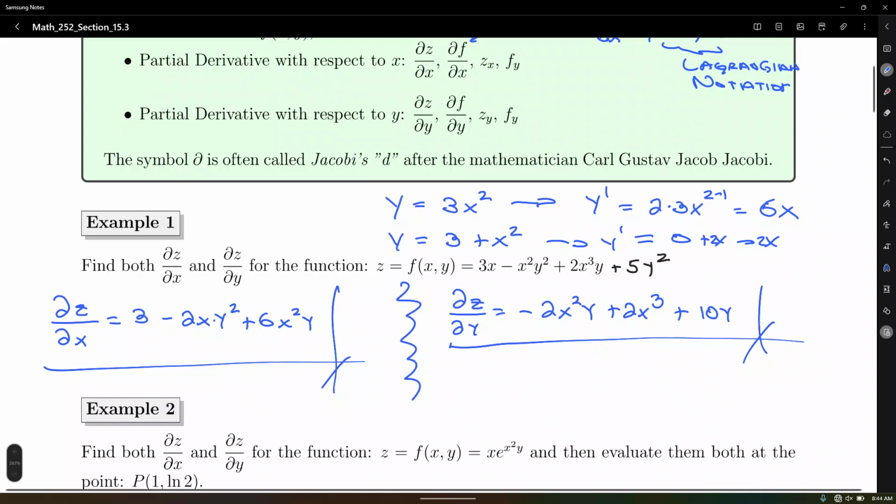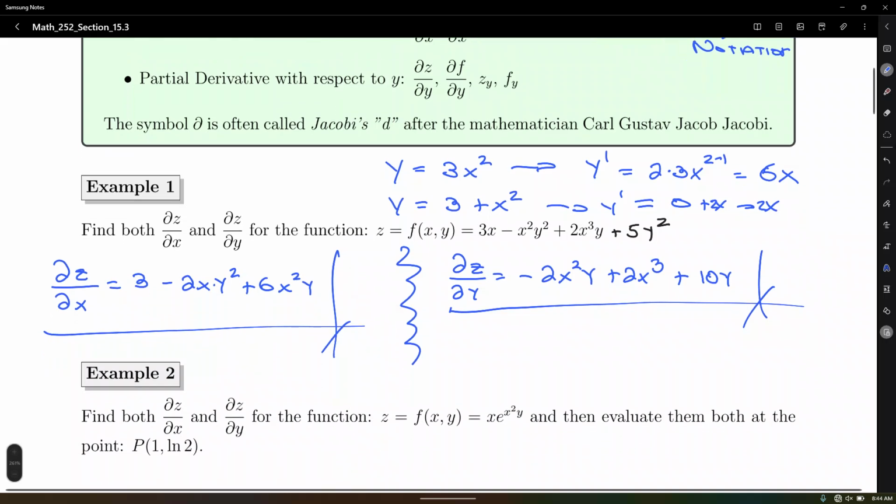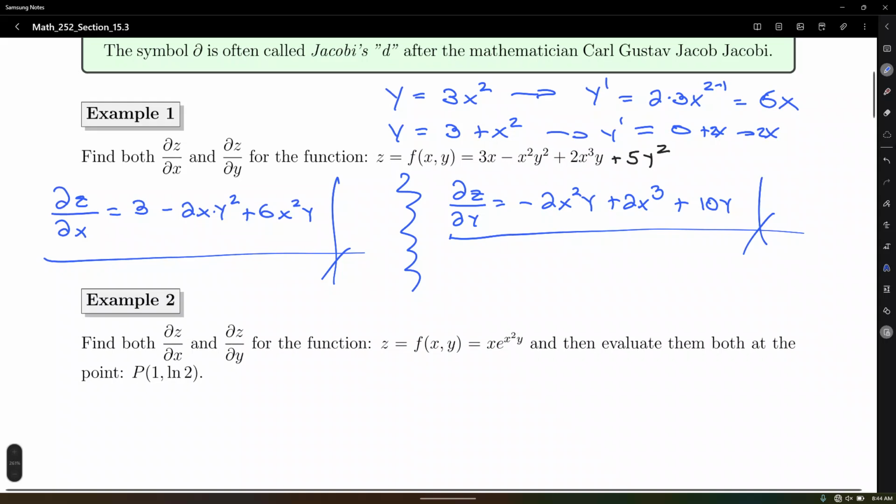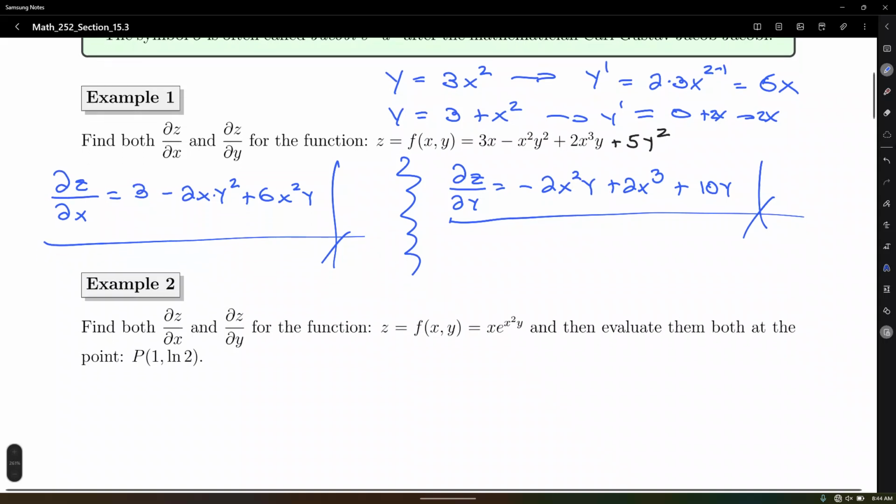Okay. Example number 2. So this is about finding more partial derivatives, but not just that. We will also evaluate these derivatives at a point this time.